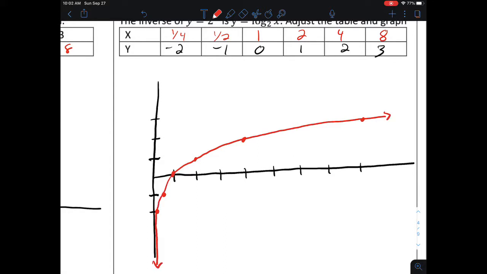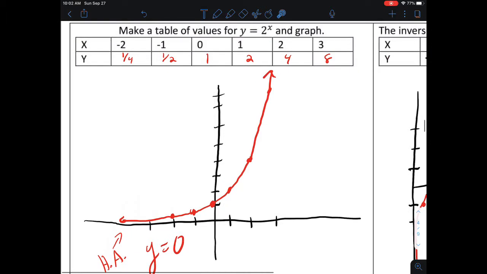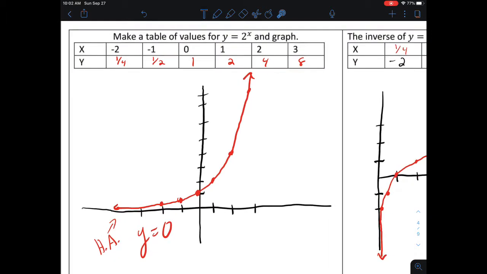And so we connect our dots here, and I went ahead and finished the graph. And the question is, how did I know that this graph was going to bend towards the y-axis and not cross it? Well, our original function, y equals 2 to the x, had a horizontal asymptote at y equals 0.